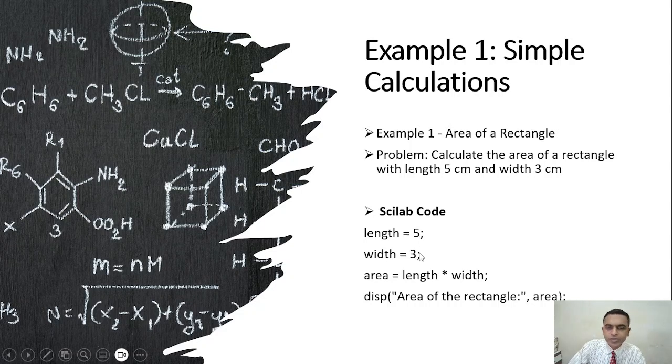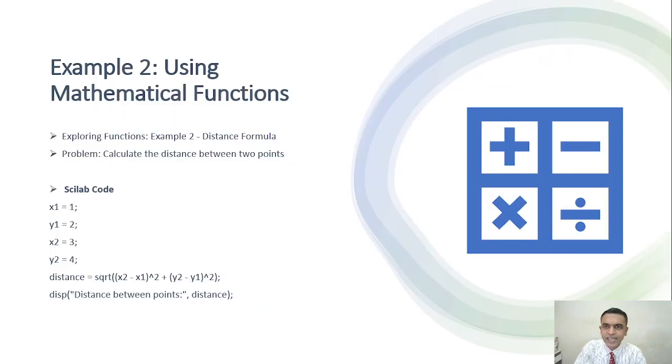Then width is equal to 3, and then we provide the area formula: area is equal to length into width. Then we want to display the area of the rectangle. When you do the same program in Python, you will leave out this semicolon, and instead of this you will use the print function. So this is the first code using Scilab.